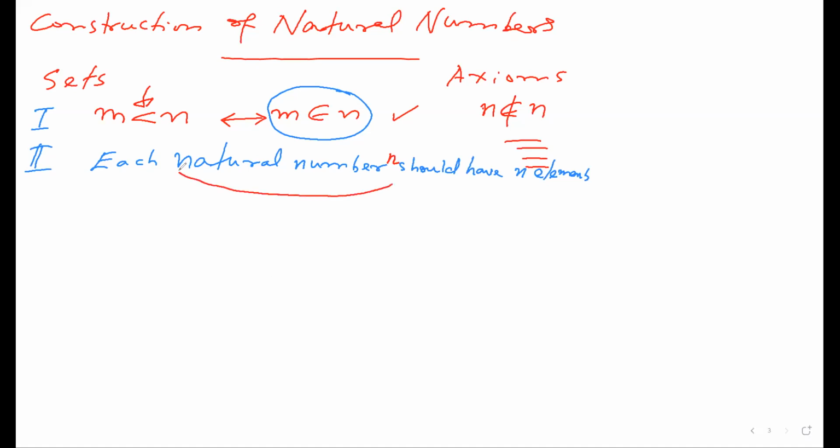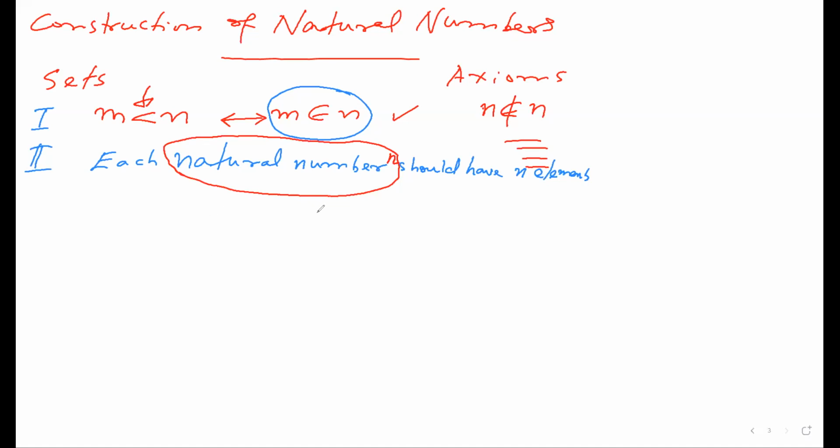That set should have, it will be nice if it has n elements. So we are trying to construct sets having certain properties. So these are two crucial properties. The order, this is the standard order in natural numbers.